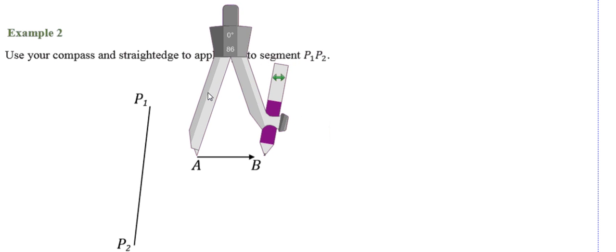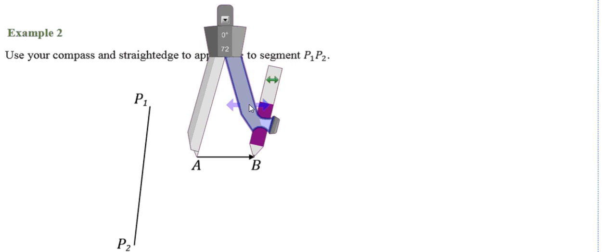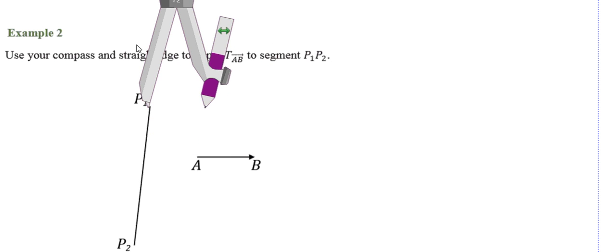Go ahead and measure the length of this guy. I'm going to do this very carefully and very precisely, and as I'm doing this here, you should be doing this at home also. So once I've measured the length of my vector, using that same compass setting, I'm going to put the point of my compass at point 1 and draw that same circle, or a circle with that same radius.